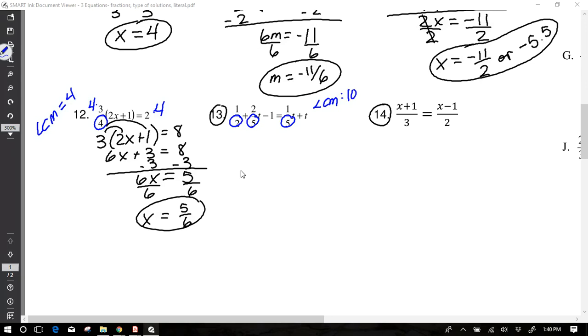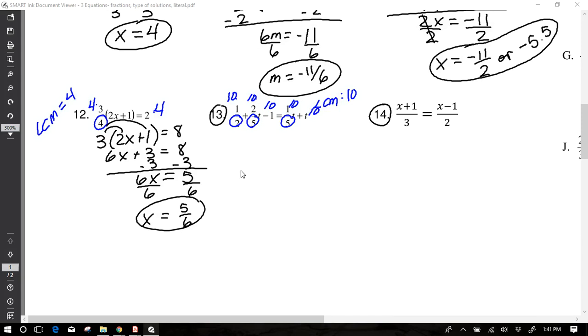We don't worry about any repeats in our denominators, all right? So I'm going to multiply all the terms by 10. So there's 1 term, 2 terms, 3 terms, 4 terms, 5 terms. So there are 5 terms, and I just multiplied all of them by 10.